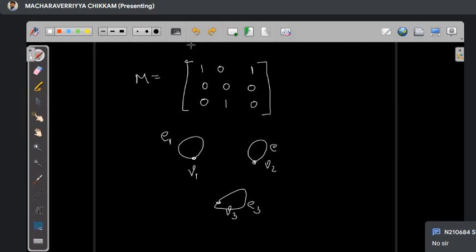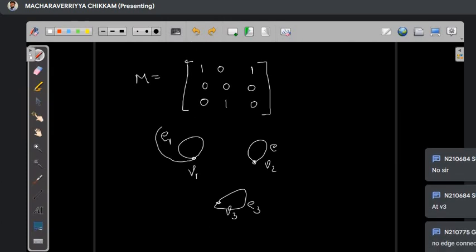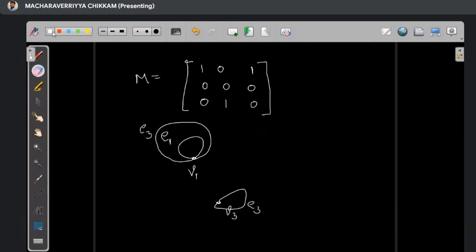Oh, there is a double loop at V1. V2 is isolated. That's it. There is a double loop at V1. This is edge 2, and this is V2.